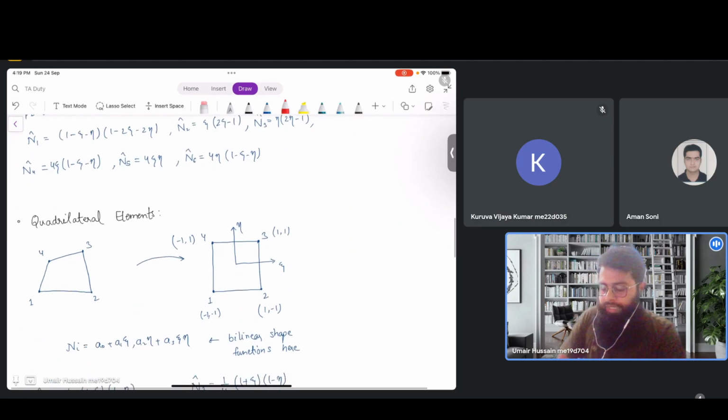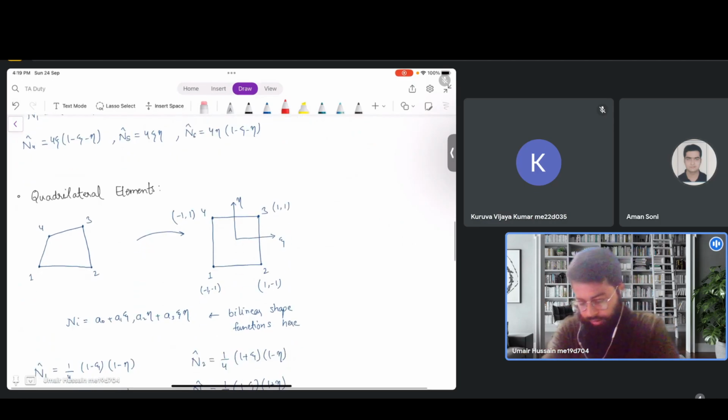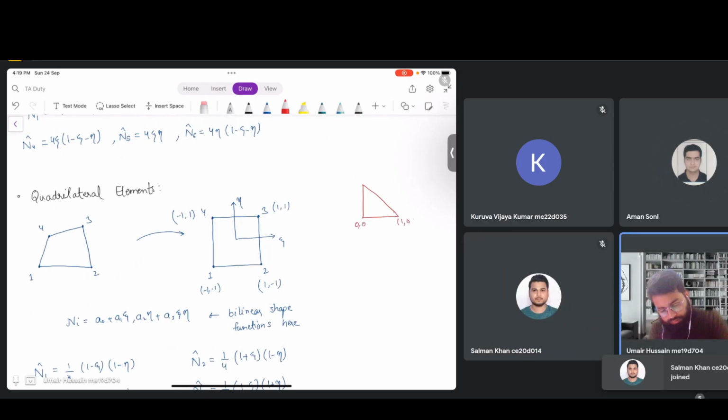Next we discuss the quadrilateral elements. Like we have a standard triangular element, for the quadrilateral element we have a standard element which ranges from zeta equals -1 to +1 and eta equals -1 to +1.